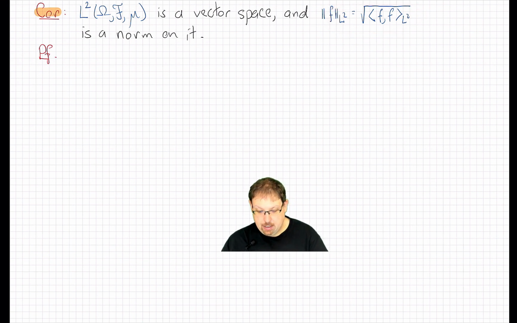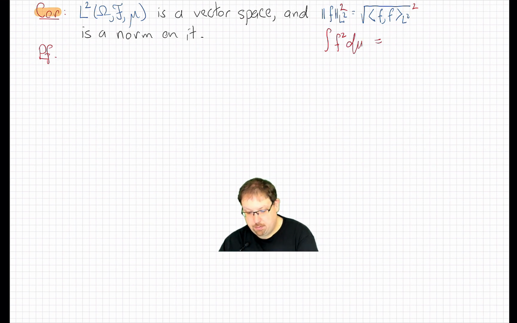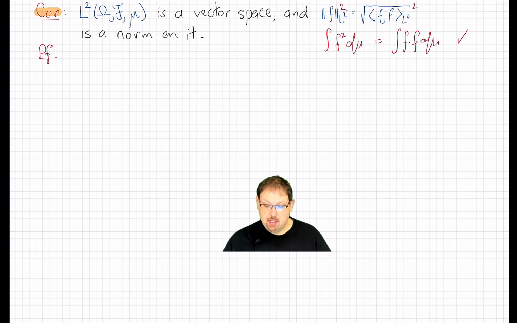That is to say, squaring both sides, the assertion is simply that the L2 norm squared, which is the integral of f squared d mu, is the same thing as the inner product of f with f, which is the integral of f times f d mu. That's of course true. This is the relationship we would like to have between a norm and an inner product in an inner product space.